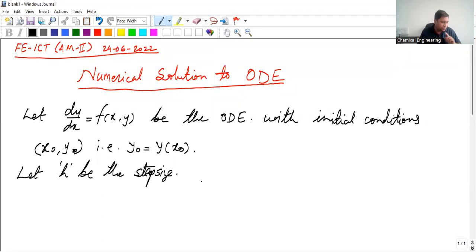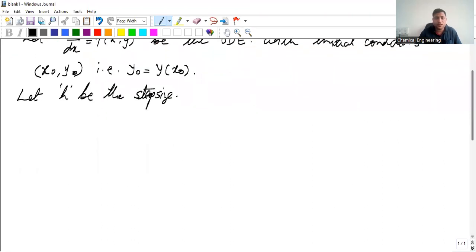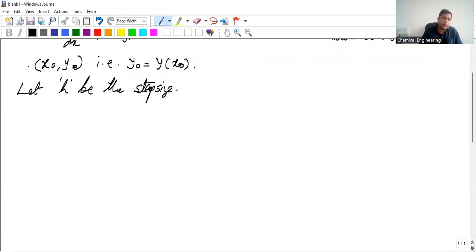First of all, we will try to understand the Euler method. Here we have the given differential equation with the given condition. So we have the Euler method.